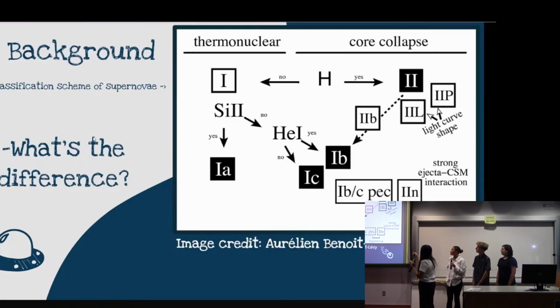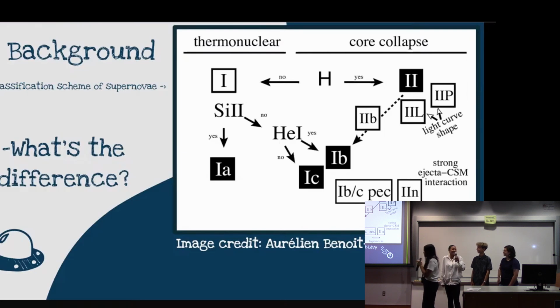And we have type 2P, or plateau, which is kind of different than linear. A plateau is basically the parabola, but there's a stagnated constant line across, and then it swerves down. So the plateau, from what the graph is saying, shows that the supernova has a little bit of light left, and what the plateau means is that there's an H recombination.